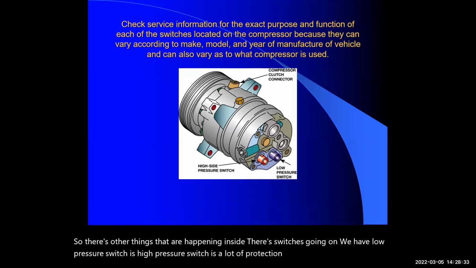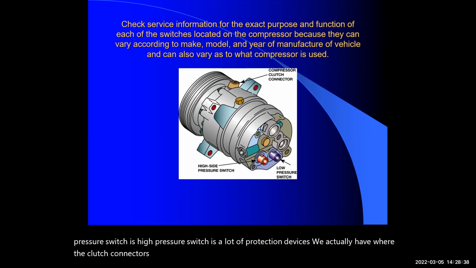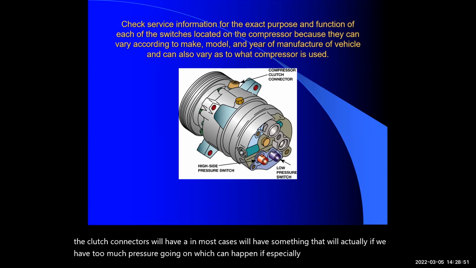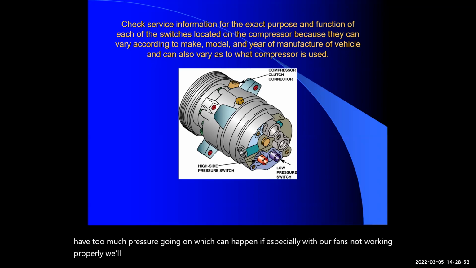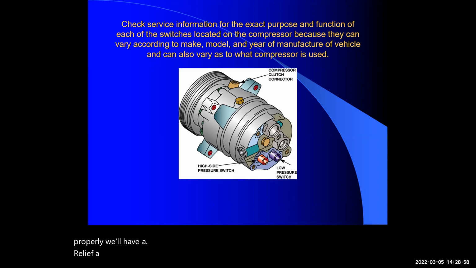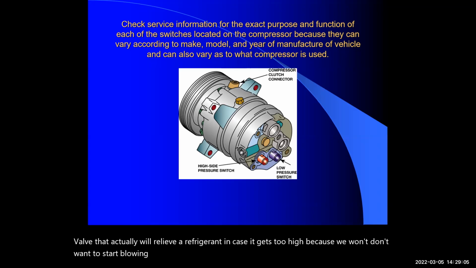Where the clutch connects to, in most cases, we'll have something that, if we have too much pressure going on, which can happen especially with our fans not working properly, will act as a relief, a little calibrated valve that will relieve refrigerant in case it gets too high, because we don't want to start blowing off hoses and destroying compressors and other parts along the way.